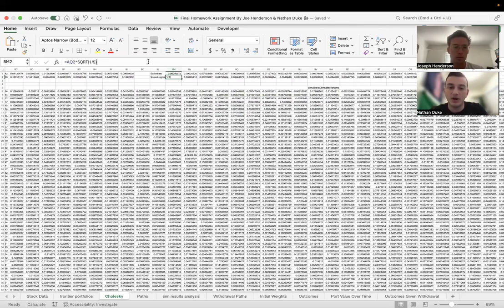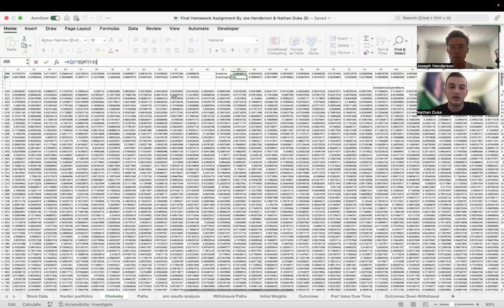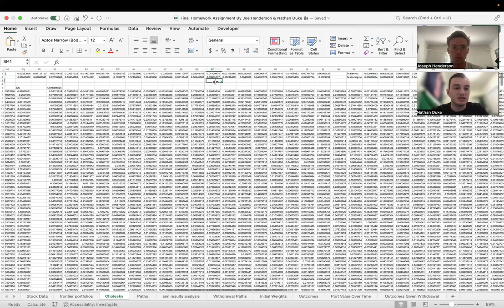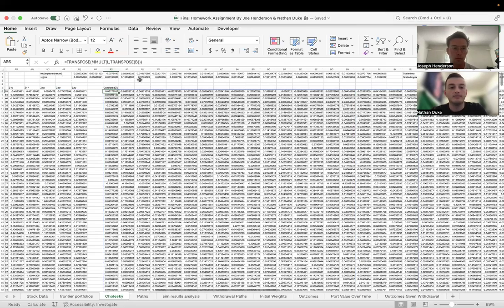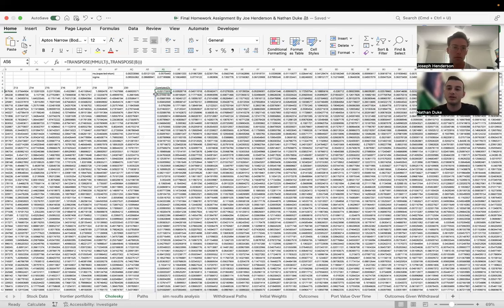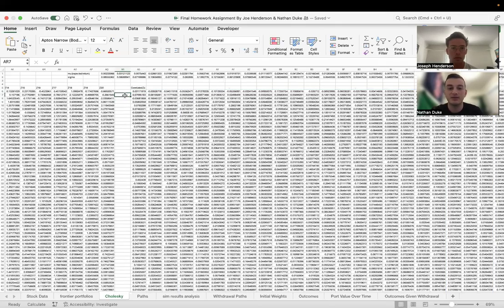So you can see to the right, we did go ahead and scale those as instructed. And then using those scaled numbers and the Z's, we calculated new Z's that were correlated, using the transpose function and MMULT. You'll see those functions a lot used in these next few tabs.